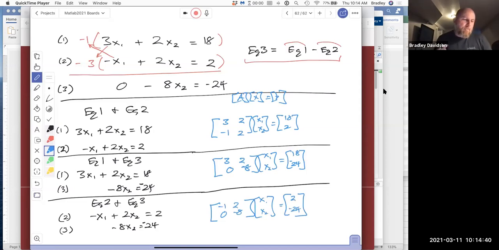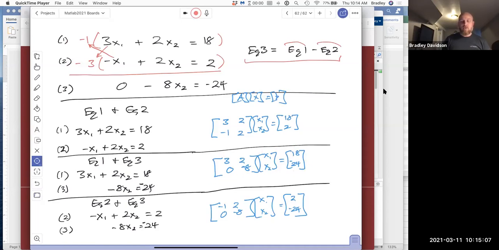Now, the purpose of showing you this is that first I want to show you that this equation 3 is just not unique. So what you can do is you can take equation 3 and you can replace either equation 1 or equation 2. And then that set of equations, equation 1 and equation 3, becomes its own system.